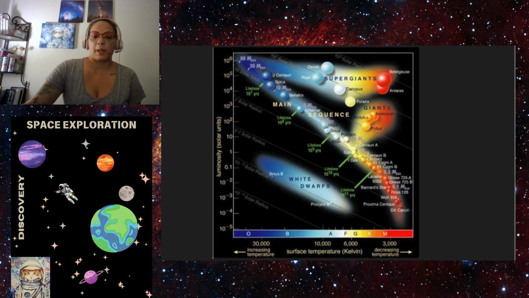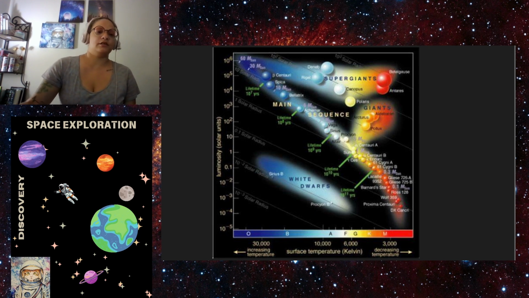Brown dwarfs can't do that. They don't have enough mass to take the initial hydrogen atom, which is very light, and fuse them together to make helium. And it takes four hydrogens to make one helium. But they can't do that, unfortunately for them.